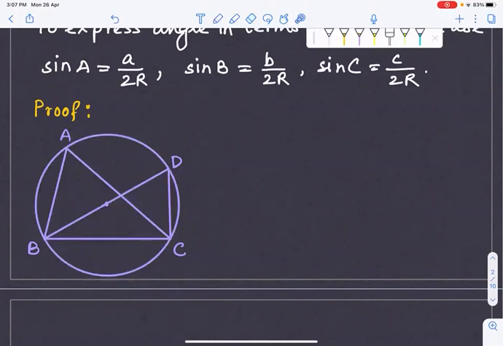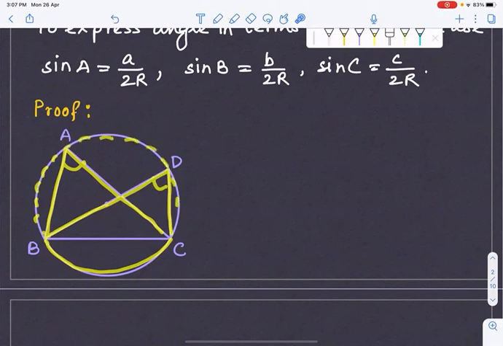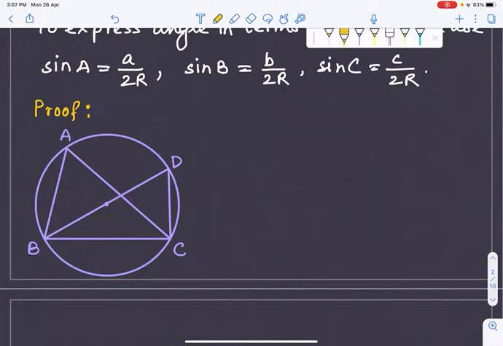If I consider this arc, on this arc I am having this angle and I am having this angle on the same side of the circumference, I mean, this chord. So these two angles are equal. Right? Fine. So what we get here is angle BDC is equal to angle A.